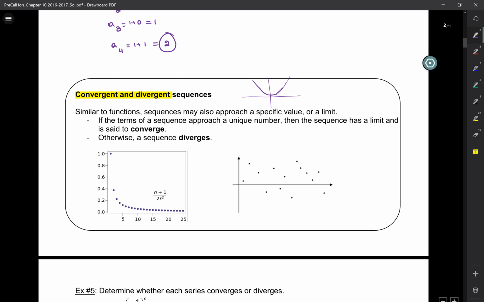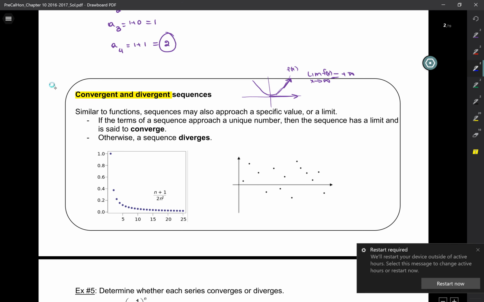And if you wanted to see the end behavior of this, and if this was f of x, and we said, what is the limit of f of x as x approaches infinity? Well, as x approaches infinity, where does the graph go? It goes up to positive infinity, equals positive infinity.